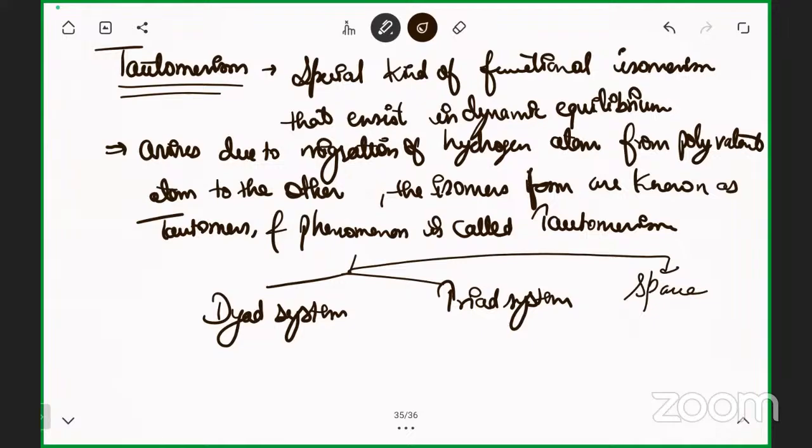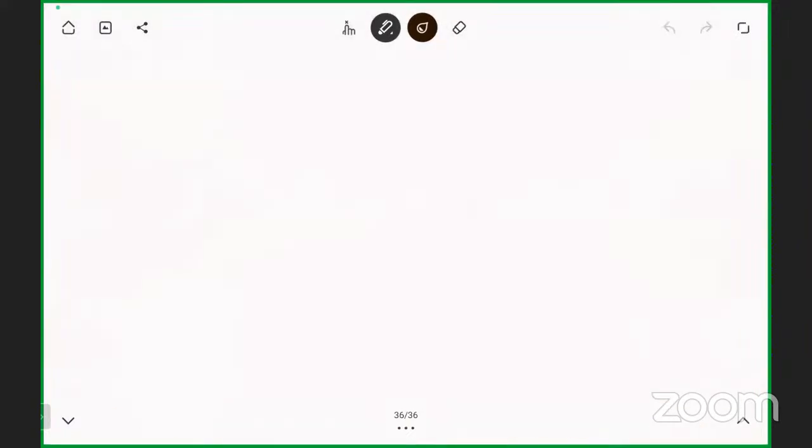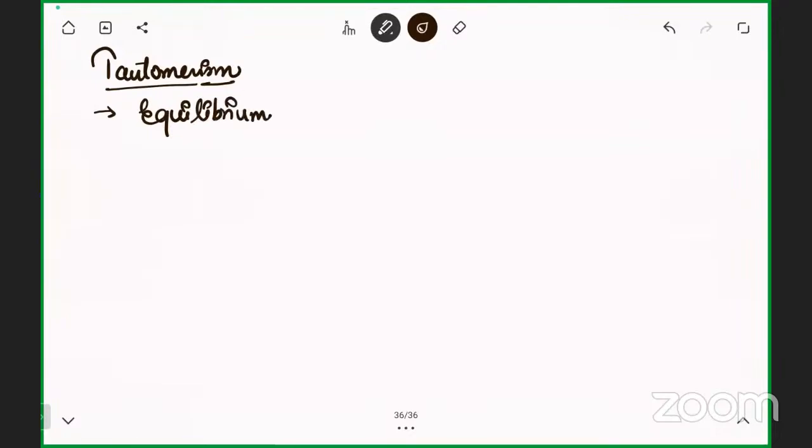Okay, so let's start with the basic things. What you have to remember in tautomerism: there is an equilibrium established between two tautomers.